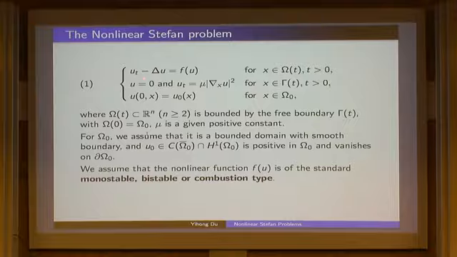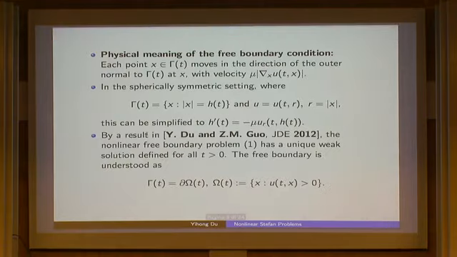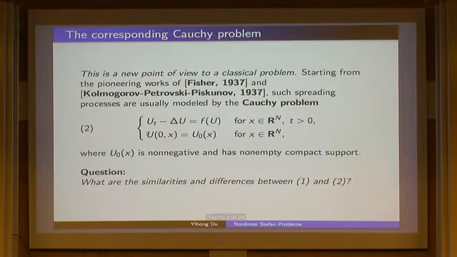And we impose a free boundary Dirichlet boundary condition, and we have this free boundary condition governing the spreading, the evolution of the free boundary. So this is problem 1, and the Cauchy problem we call problem 2.